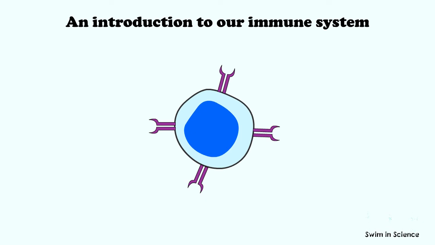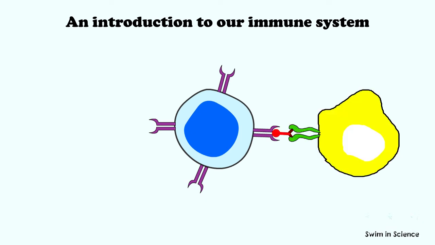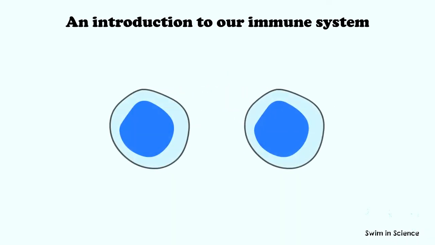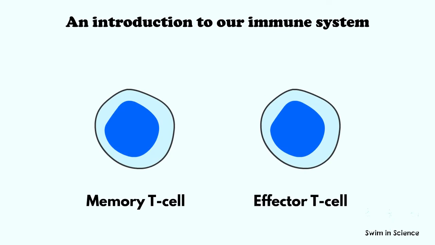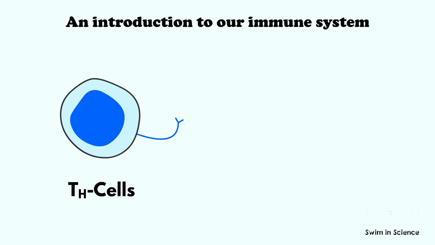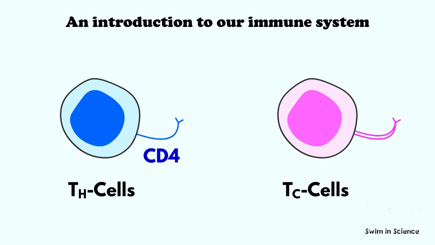Similar to B cells, when a naive T cell encounters an antigen combined with an MHC molecule on a cell, the T cell proliferates and differentiates into memory T cells and various effector T cells. T cells have subpopulations called T helper cells, which have CD4 glycoproteins on their surface, and T cytotoxic cells, which have CD8 glycoproteins on their surface.